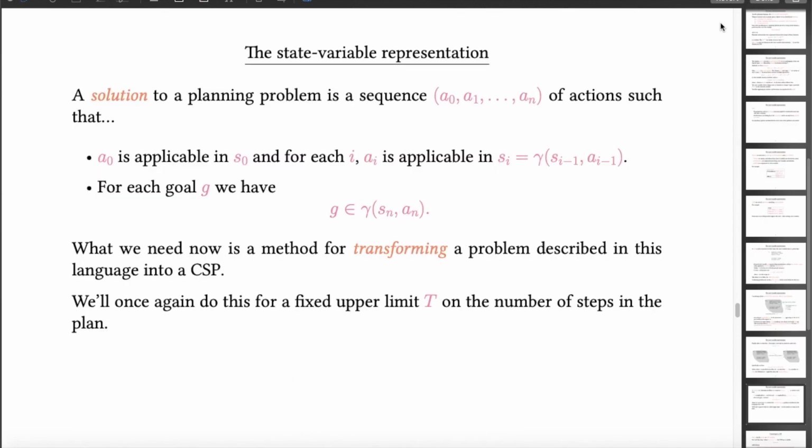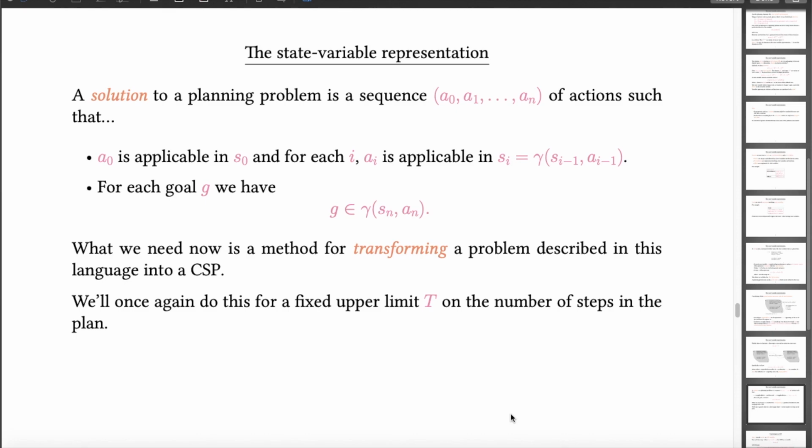So, we now have set up enough that we can represent states of the world, we can represent actions in terms of preconditions and effects, we can represent a start state, we can represent a goal, and the idea, as usual, is to come up with a sequence of actions in such a way that each is applicable, and in such a way that if we start from the initial state S0 and we apply this sequence of actions, then the states get updated in such a way that the final one contains each element of the goal state.